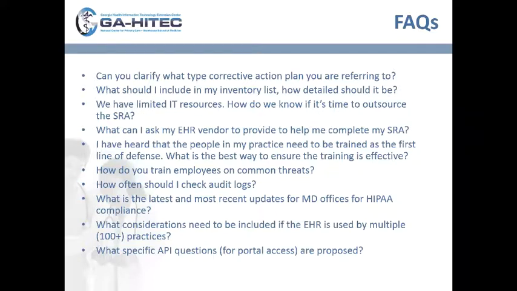But otherwise, you're just auditing if everyone at those 100 practices, or in that HIE for that matter, have access to information. Okay. So our last question here is, what specific API questions for portal access are proposed?